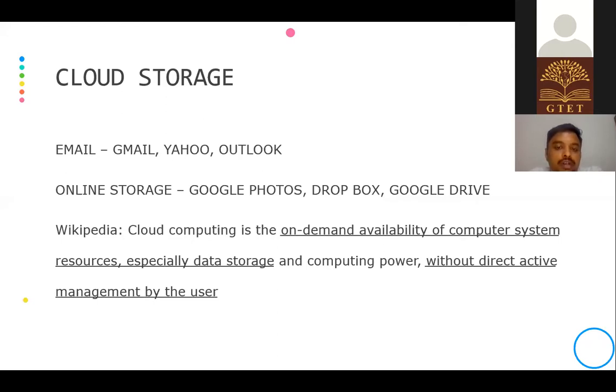It means the information that you're exchanging via emails are stored in data storage services by your email providers, and it is made available to you, the end user, via network access, that is the internet. The on-demand availability used in the definition that we are looking at is the data storage for email and online storage.